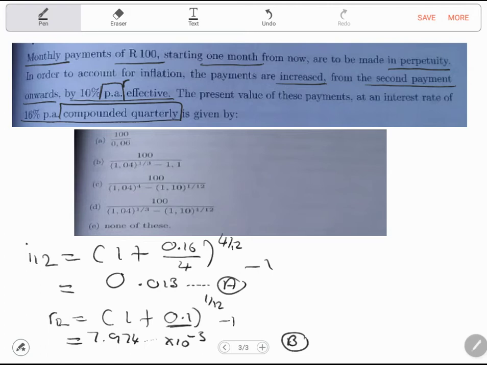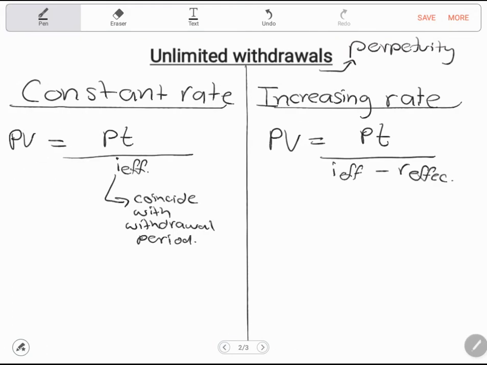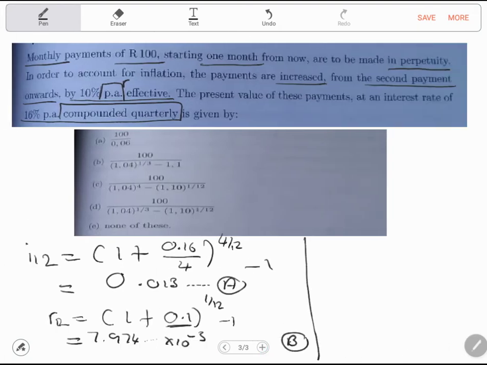Now let's use the formula that we were taught for increasing unlimited withdrawals. Your present value is equal to your PT, which is 100, over your effective interest rate minus your effective growth rate, which are both monthly.